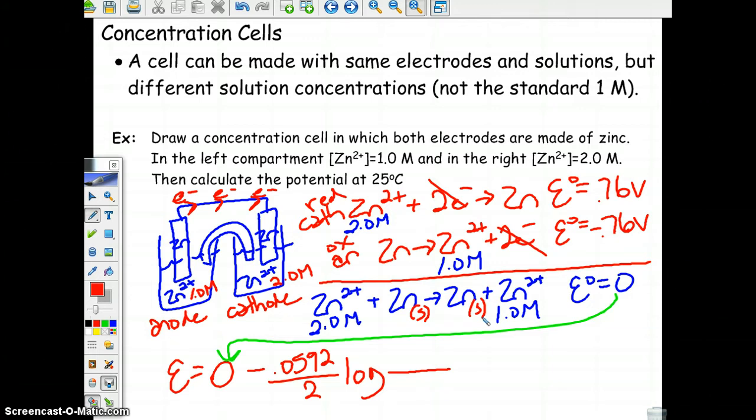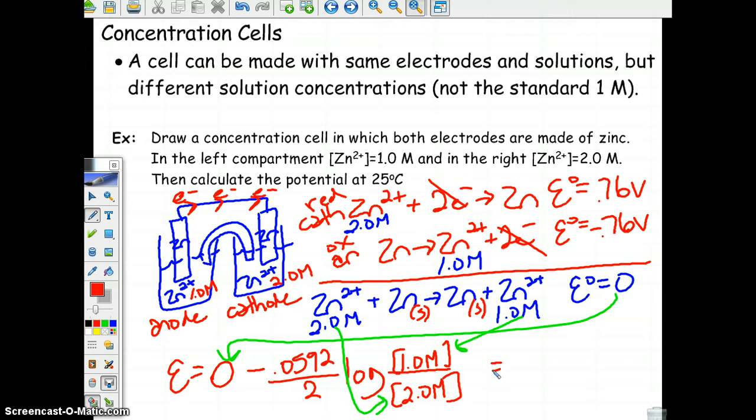No solids or liquids. So I need to do my product zinc, which is 1.0 molar, over my reactant zinc, which is 2.0 molar. So it's still products over reactants, products on top, reactants on the bottom, not including any solids.